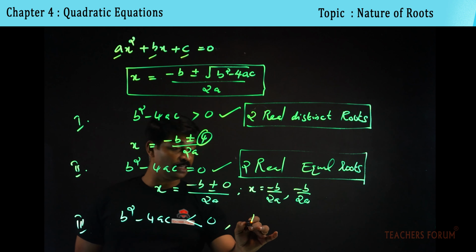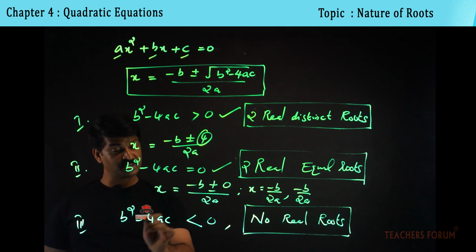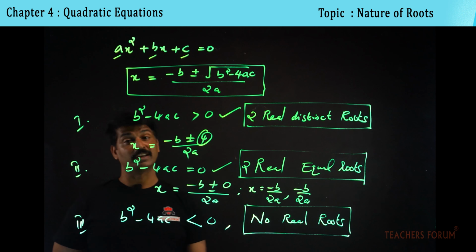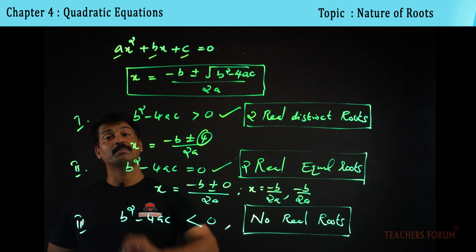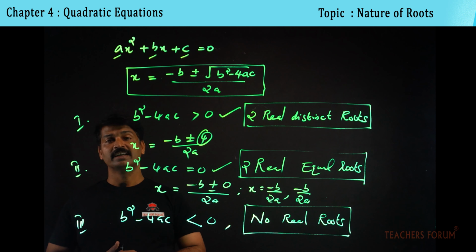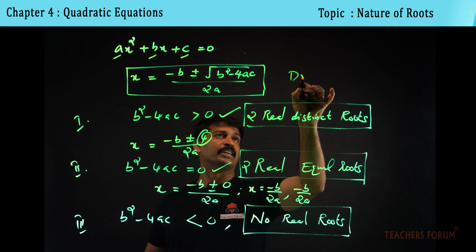So if b square minus 4ac is greater than 0, there will be two real distinct roots. If b square minus 4ac is equal to 0, there will be two real equal roots. If b square minus 4ac is less than 0, there will be no real roots. That's why b square minus 4ac is known as the discriminant. Why is it called discriminant?